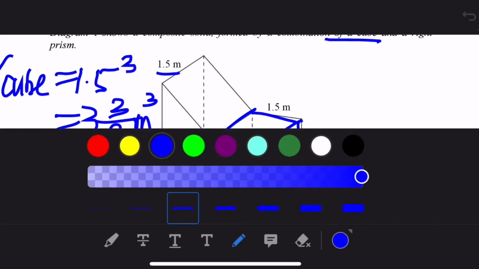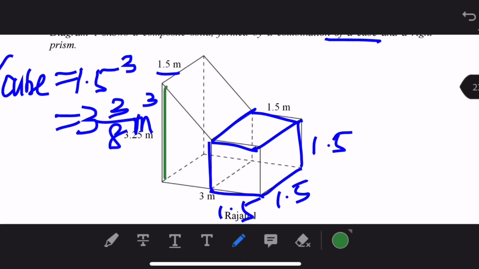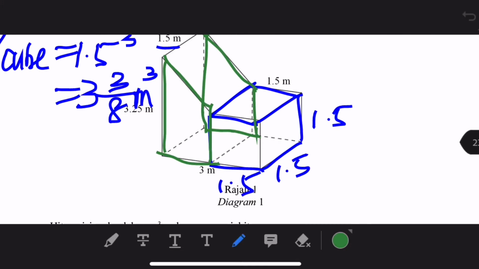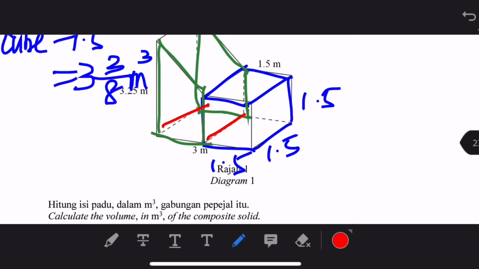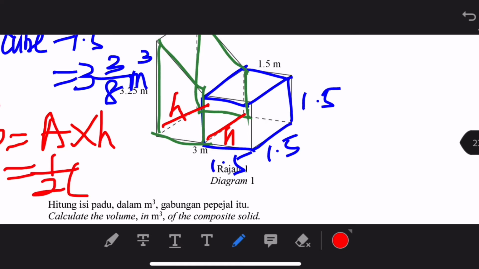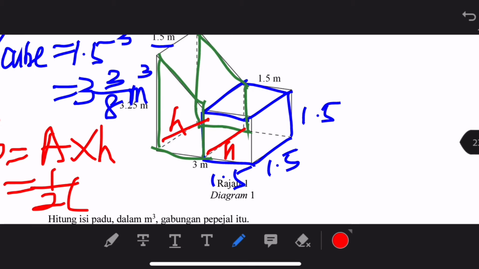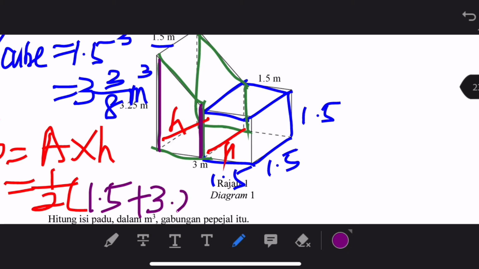And then for the volume of the prism, we have to identify the faces which are identical. It is a trapezium, and the height between the two faces is actually the distance. So the volume for the prism is A times H, and this is the H. Okay, the area is 1/2. The A will be the shorter one. Let's highlight the A is here. 1.5 is the same height as the cube, 3.25.